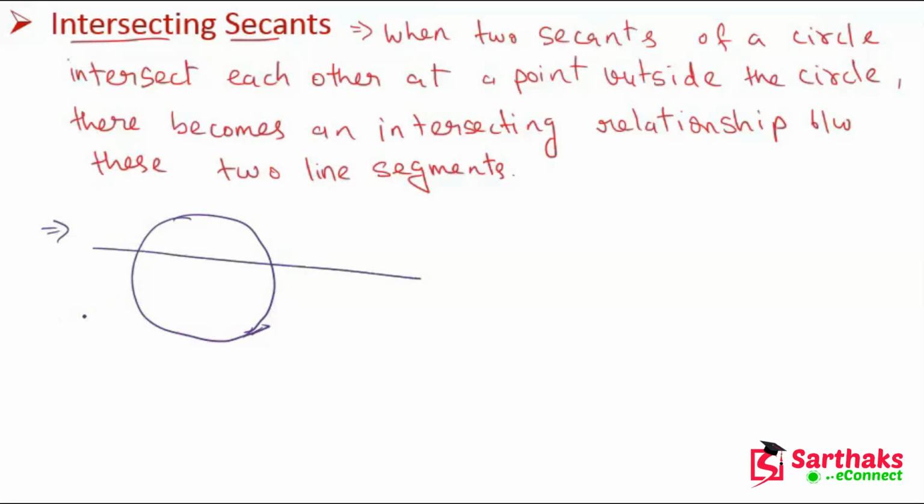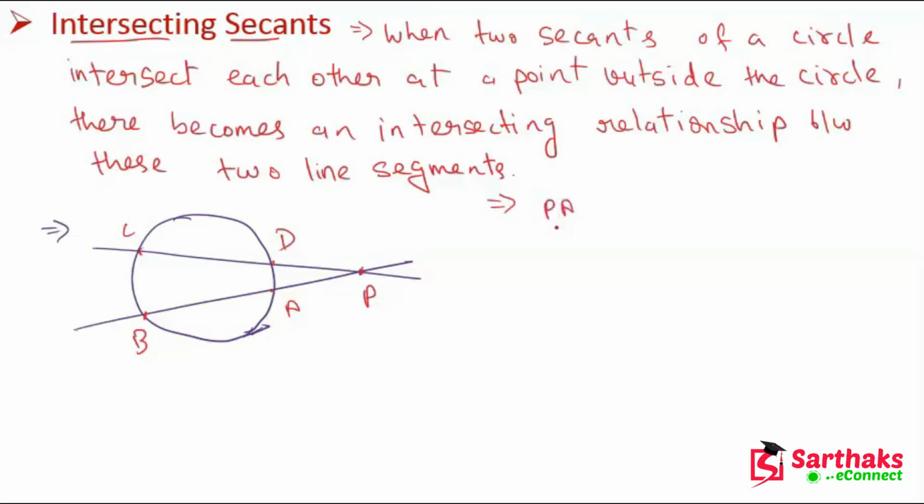Let's suppose this is first and this is second, and this is the intersecting point P. This point is A, this point is B, this point is C, and this point is D.